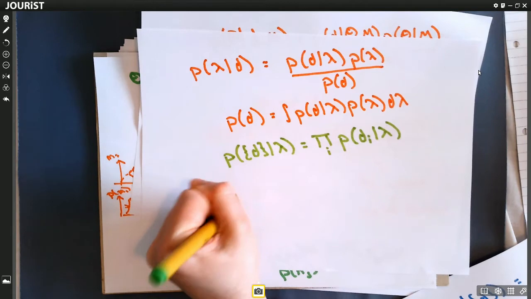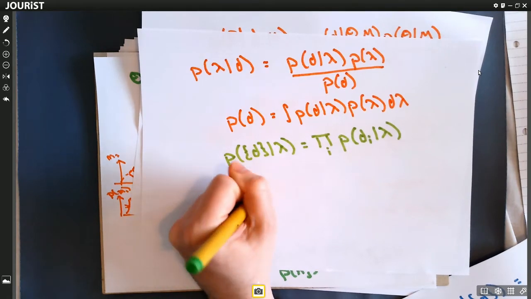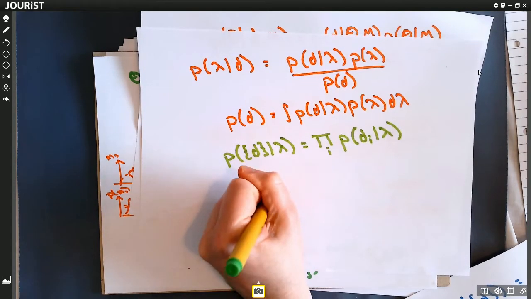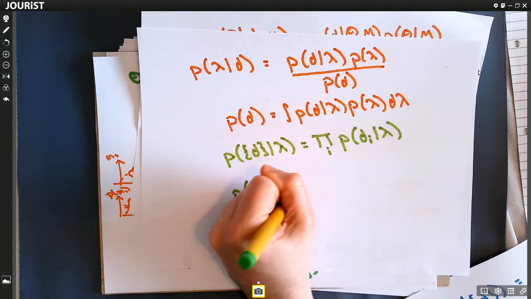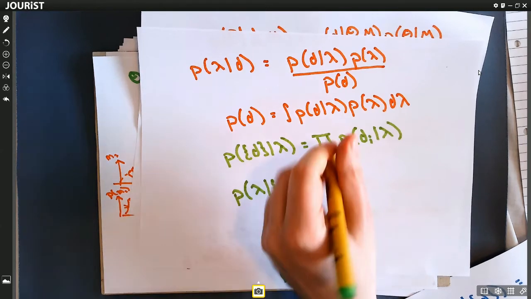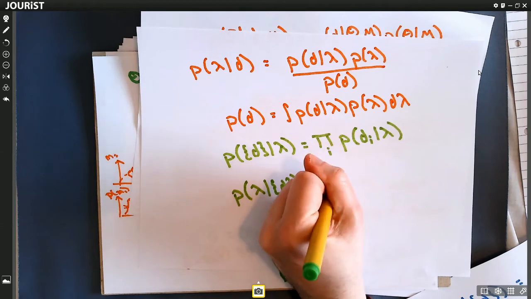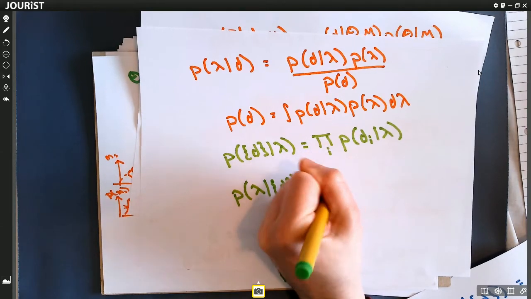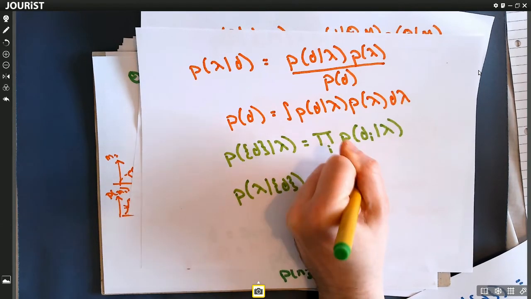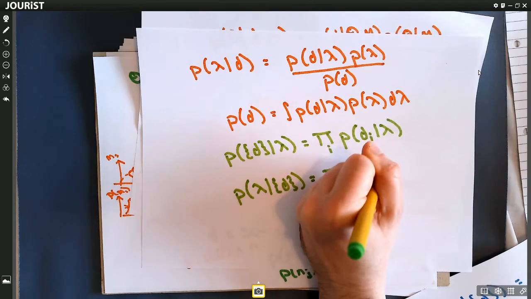So what we want, probability of lambda given our data set, is going to be this product given lambda.